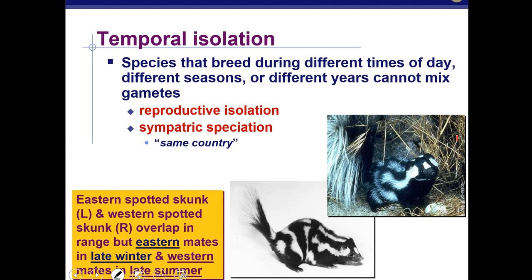But because one likes to breed in the winter and one likes to breed in the summer, they're never going to come together in nature. And you can also kind of think of the reasoning why they are the way that they are. So the eastern guy is winter. The western guy is summer.